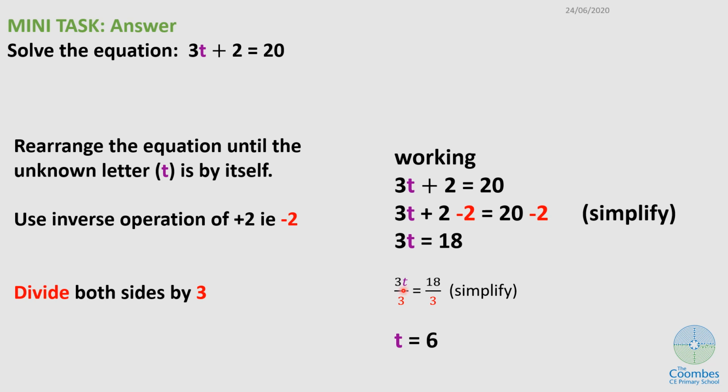So 3t divided by 3 will be the same as 18 divided by 3. And if I simplify, 3 divided by 3 is just 1t, which is just t, and 18 divided by 3 is 6. So my t is actually 6.